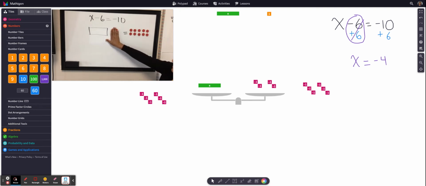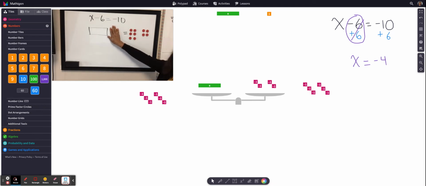Well, I know that there's negative 6 of them outside of the box, and I could say, hey, those are the negative 6 that are outside of the box. Well, that means if I'm supposed to have the same amount on the left side as I am supposed to have on the right side, then that must mean that inside the box, I must have 4 negative counters, right?